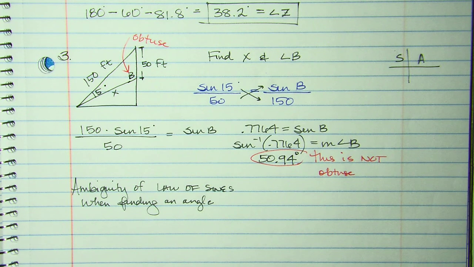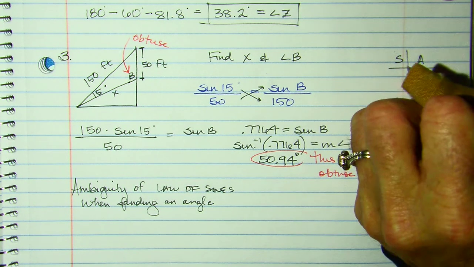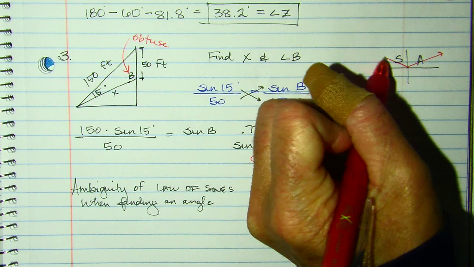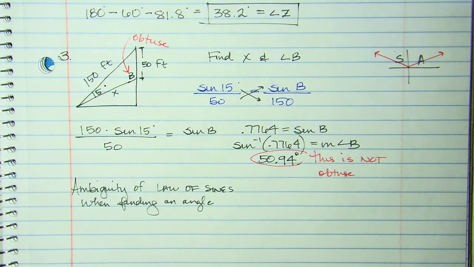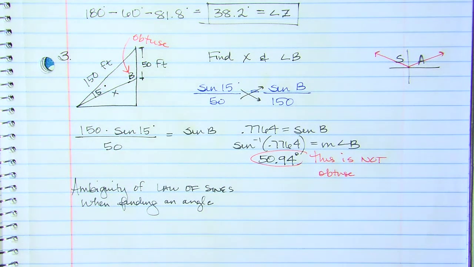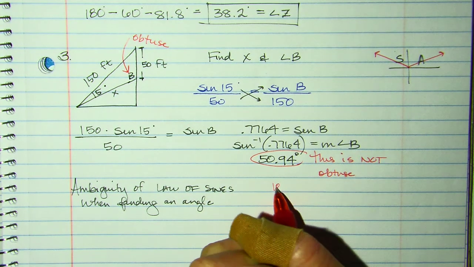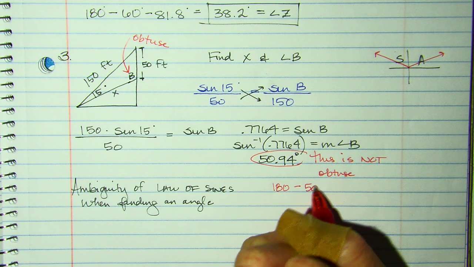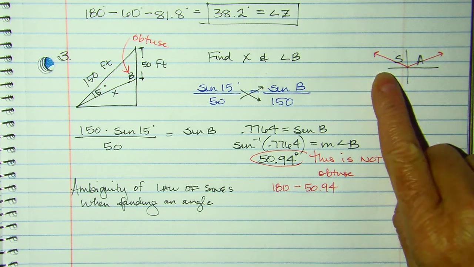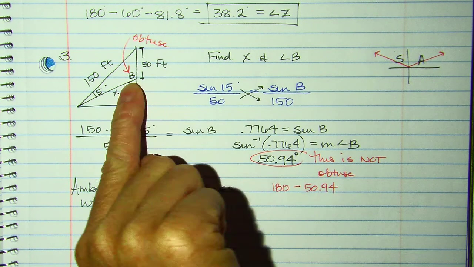Okay, so we have to know that 50.94 could be here, but it also could be here. I'm looking for the related angle. So I'm going to do 180 minus 50.94 to find the related angle in quadrant B, because I know this is an obtuse angle.